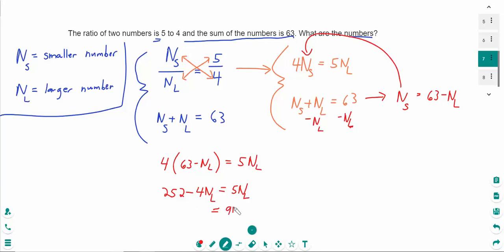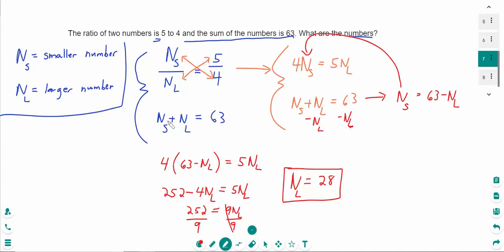That's going to give me a 9n sub l on the right side, and I still have this 252 on the left. And then I can divide both sides by 9, right? So I divide this side by 9, and I divide this side by 9. These will cross out, so I end up with n sub l is going to be equal to 252 divided by 9, which is what? 28. So we have n sub l is equal to 28.